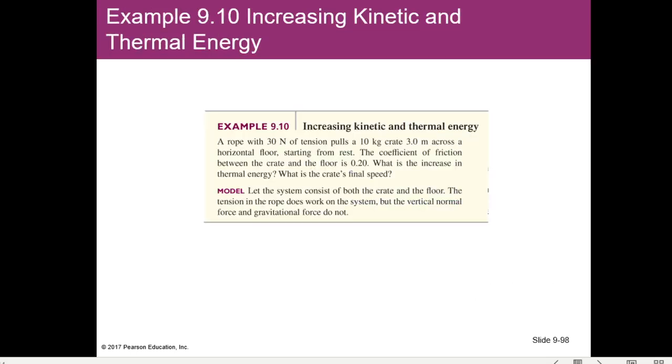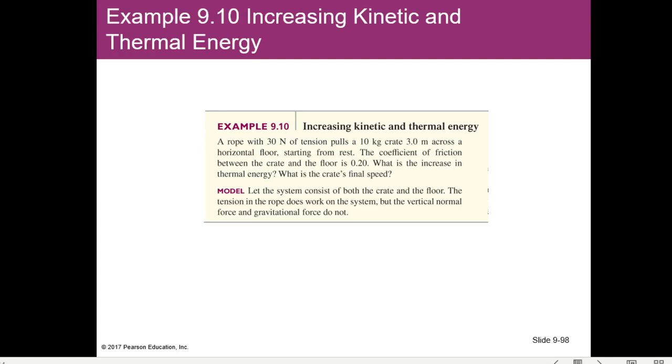Okay, so here we have an example. We've got a rope with particular tension on it, and it's pulling a 10-kilogram crate 3 meters across a horizontal floor starting from rest. Coefficient of friction is given. What's the increase in thermal energy? What's the crate's final speed? Okay, so we've got to do a free body diagram of the crate.